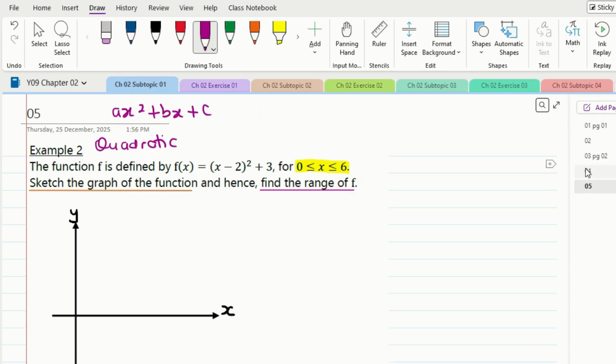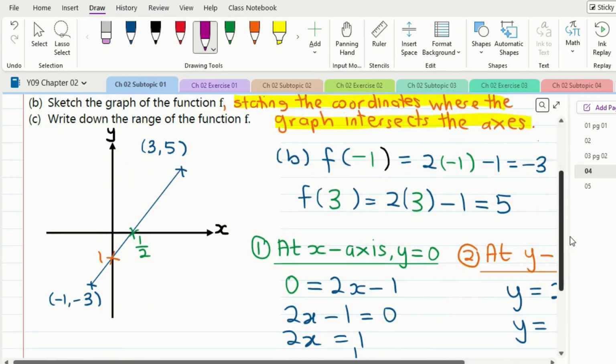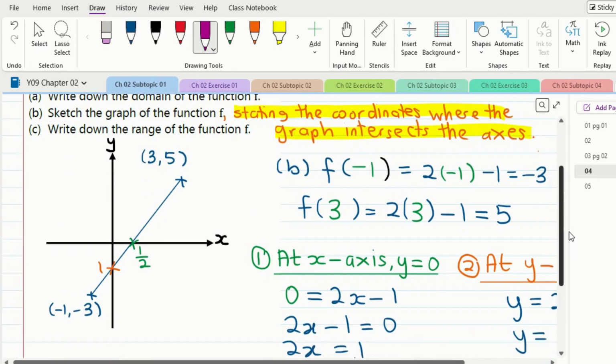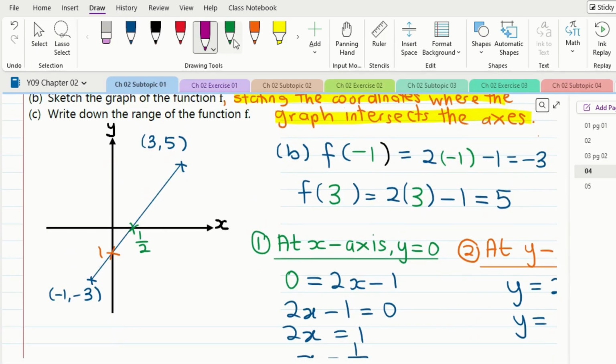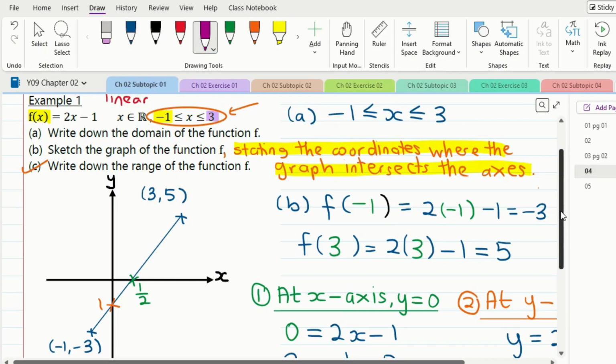Yeah, I forgot about part C for this one. Sorry about that. Let's go to part C, which will ask you how to find the range of this function. As you can see from the graph itself, your domain is already stated as -1 to 3.